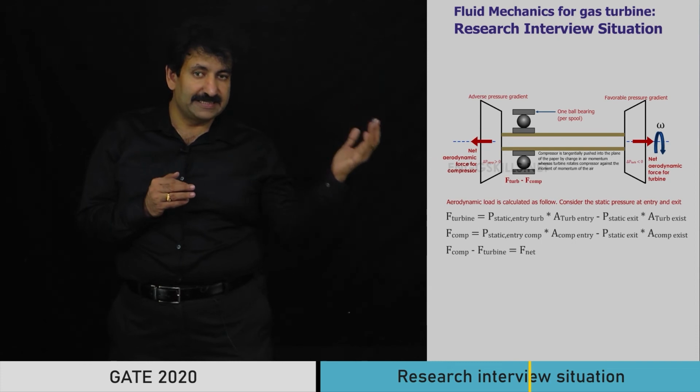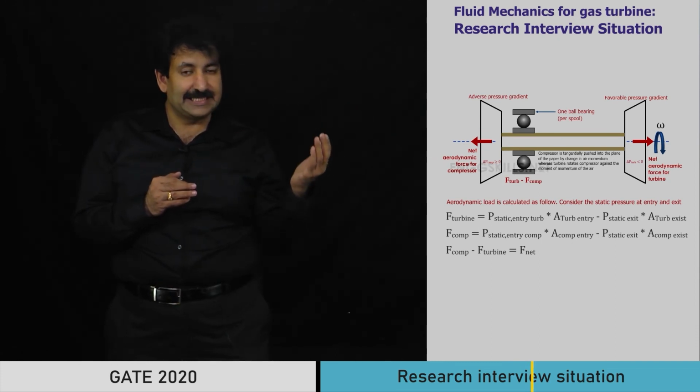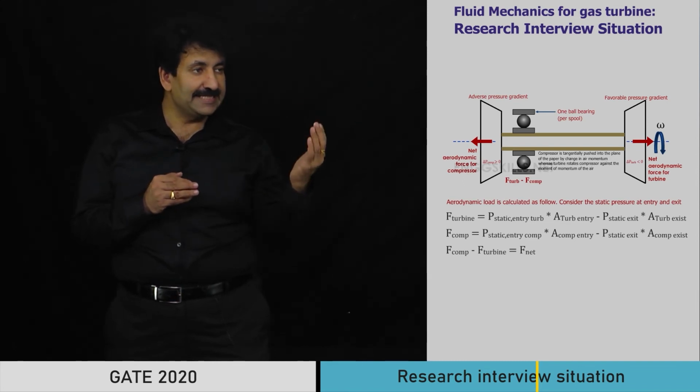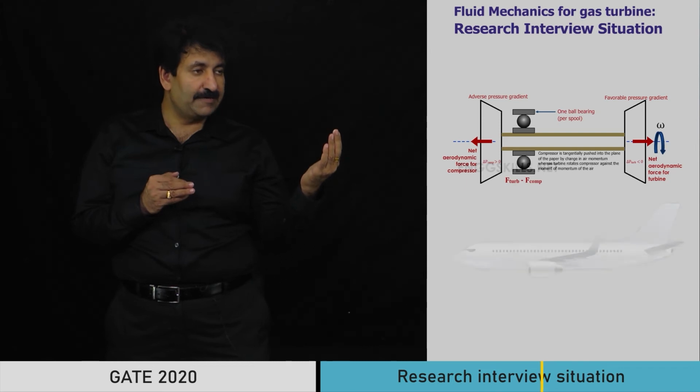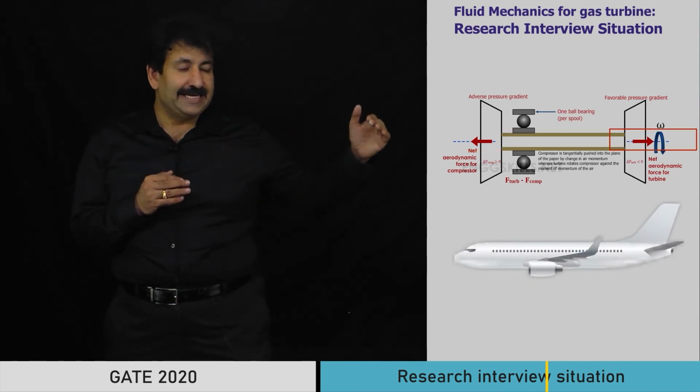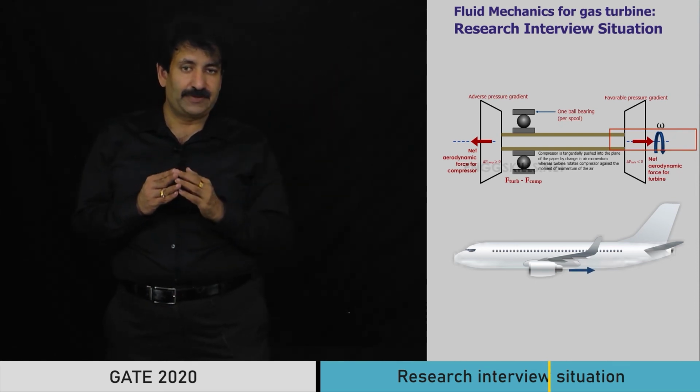When I say forward and rearward, these directions are referred to the direction of motion of the aircraft. That is, the compressor is experiencing a net aerodynamic force in the direction of travel of the aircraft, and the turbine exactly in the opposite direction.